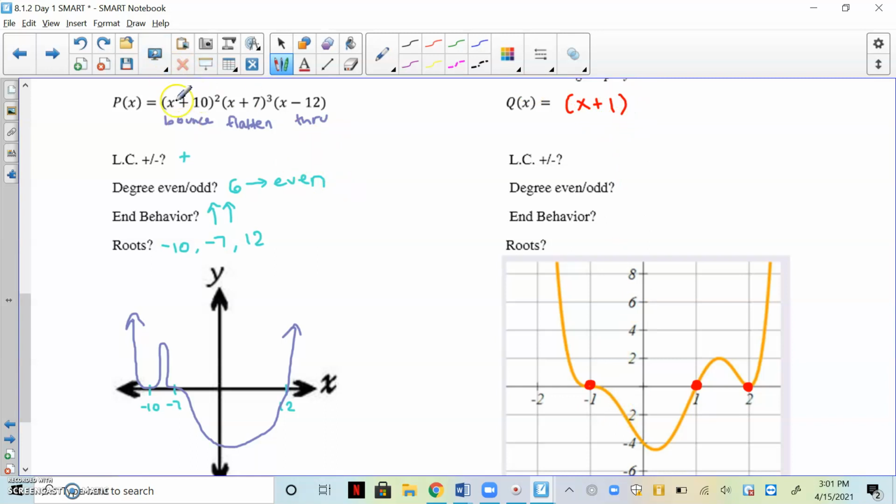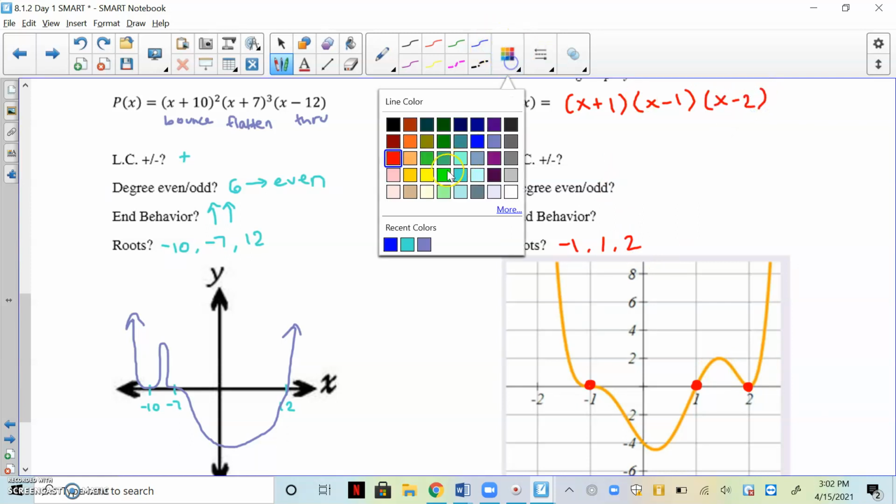Because we're working backwards. Here, a factor of x plus 10 gave us a root of -10. So if I have a root of -1, I'm going to have a factor of x plus 1. Okay, this positive 1 will give us a factor of x minus 1. And the last one, positive 2 root, will give us a factor of x minus 2.